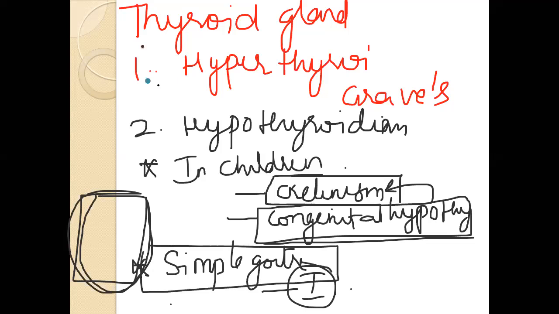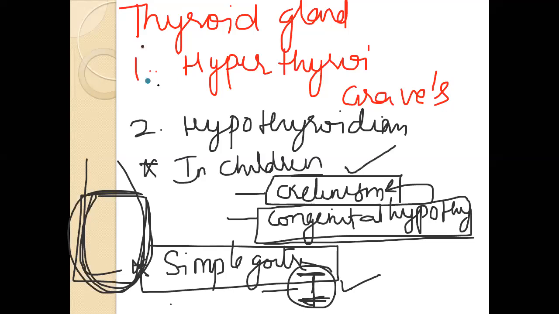In that case there is no thyroxine at all, because iodine deficiency slowly reduces the production of thyroxine. One fine day you don't find thyroxine in that person. Simple goiter is due to the deficiency of iodine, which means synthesis of thyroxine has not happened.